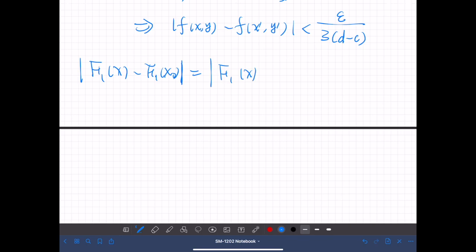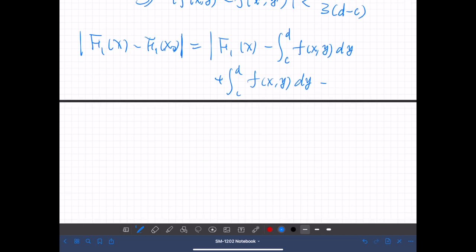So f1 of x, we subtract this integral, and add the same integral, and subtract the integral.